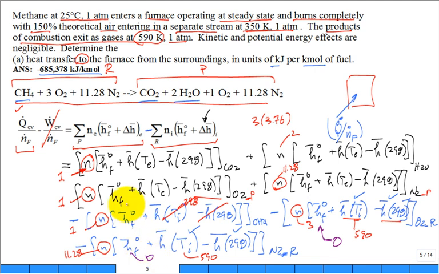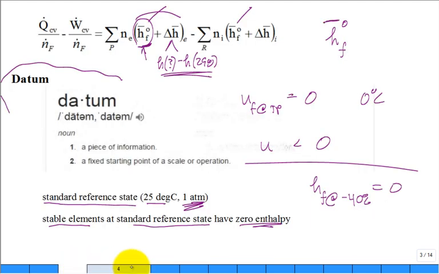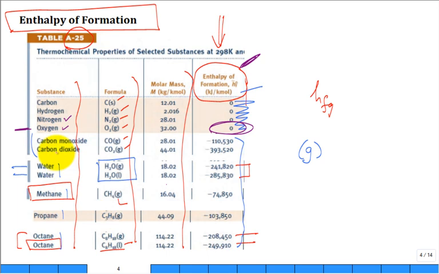Okay, let's continue on. I need the enthalpy of formation of carbon dioxide. We get that from our table. Carbon dioxide right here. Enthalpy of formation is negative 393,520. I'll show you something.